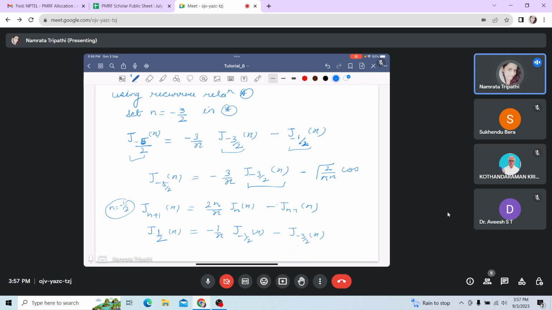You can substitute the value of z of 1 by 2 and z of minus 1 by 2. Then you will get the value of z minus 3 by 2: z of 1 by 2 plus 1 by x z of minus 1 by 2. Is it okay?